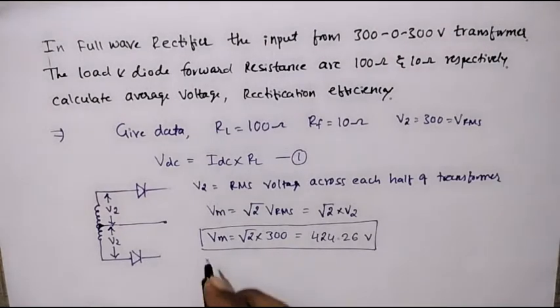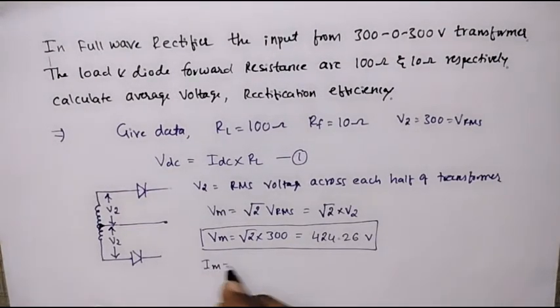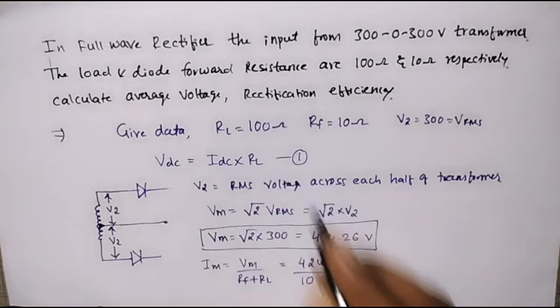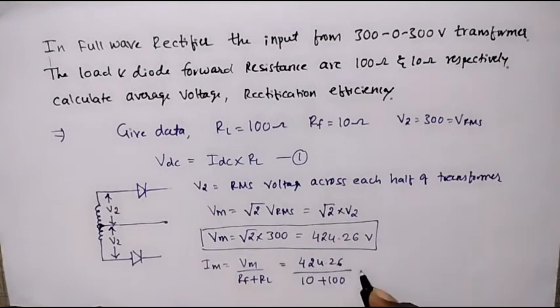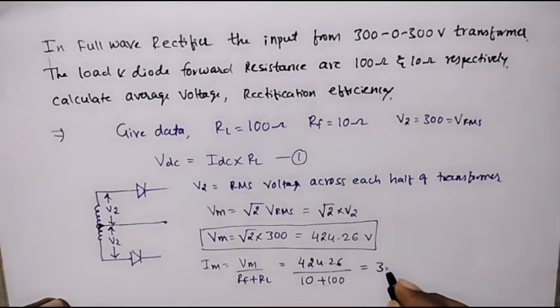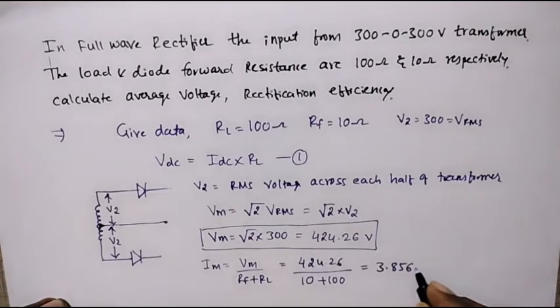We know that the peak diode current Im is given as Vm divided by Rf plus RL. Here Vm we just calculated, that is 424.26, divided by the Rf value, 10, plus the RL value, 100. Simplifying, Im is 3.856 amps.